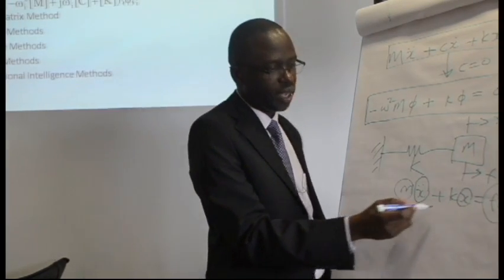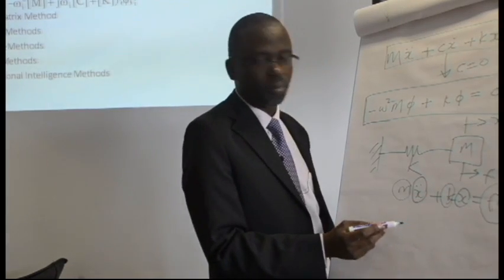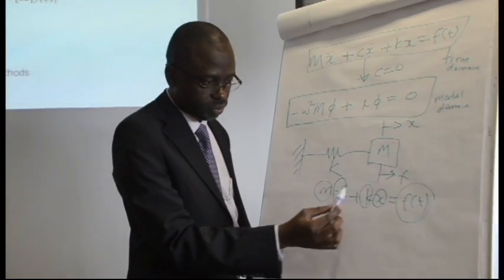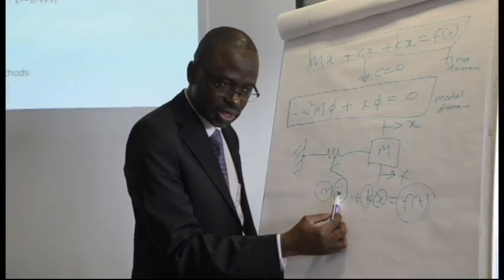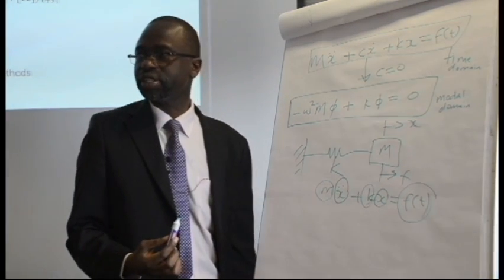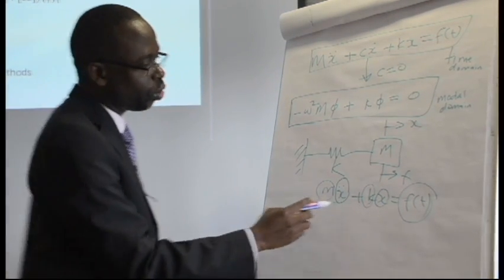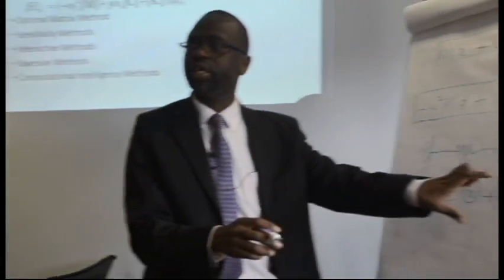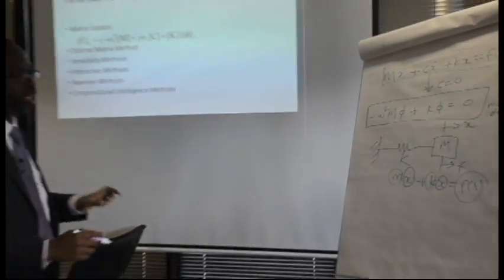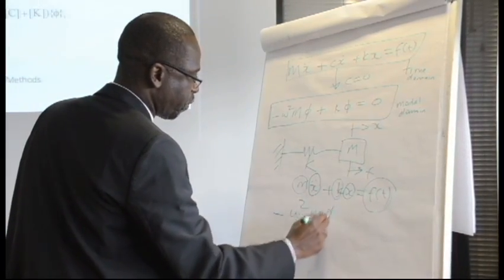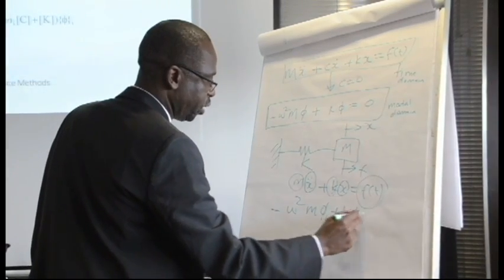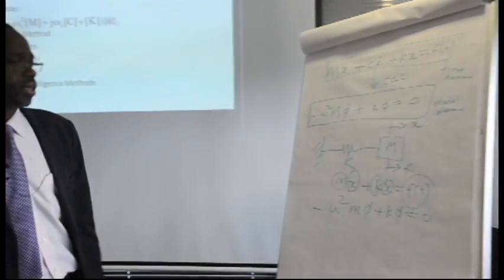So in other words, you can identify the correct mass and stiffness from your distance, acceleration, and your force. Does that make sense? Now, this is in the time domain. If we go to the modal domain, now you have your (omega squared m phi) plus k phi equals 0.